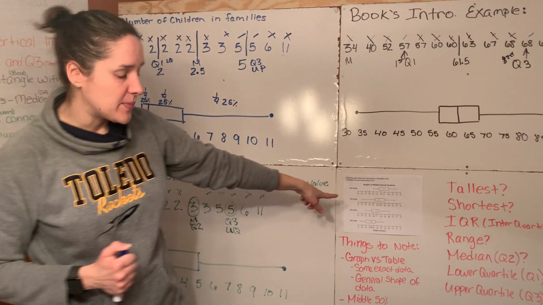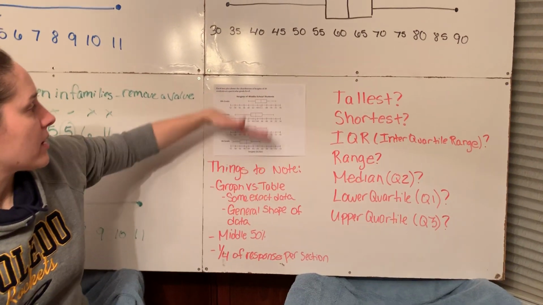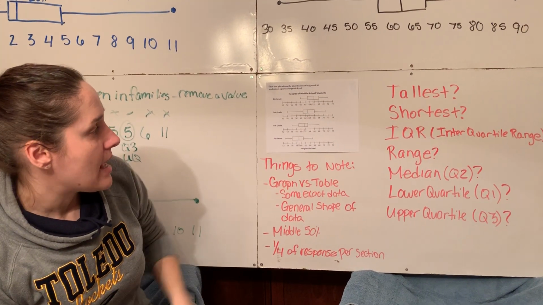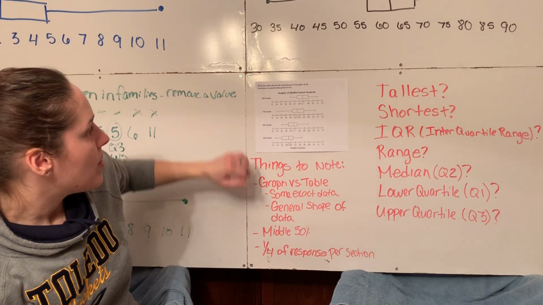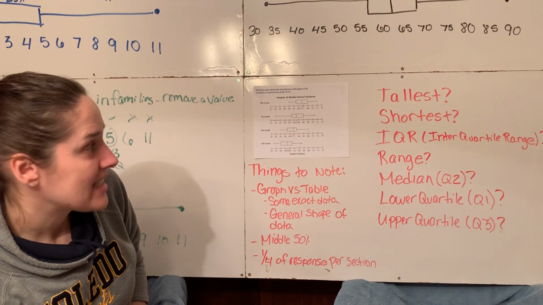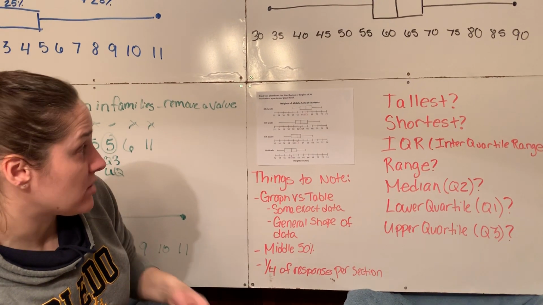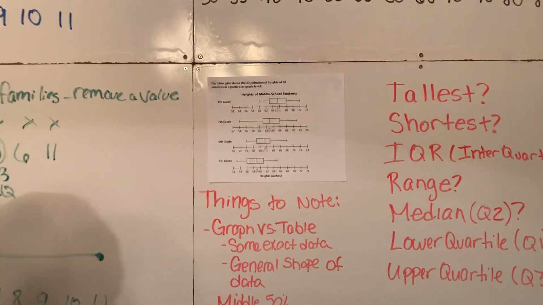So I'm going to come back to this picture that the book gives us, and we can compare all 4 of these box and whiskers. I'm going to go a little bit out of order here. I just wrote them down in my order of thinking. Based on these box and whiskers, which class has the tallest students? I want to pause for a second and see if you can answer that. Which class has the tallest student?